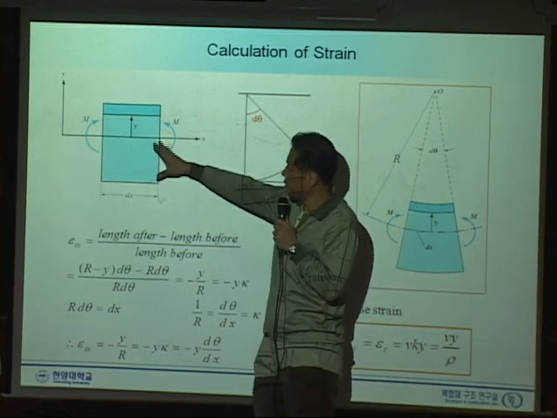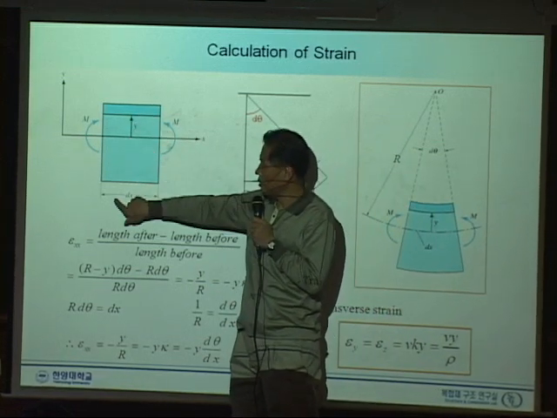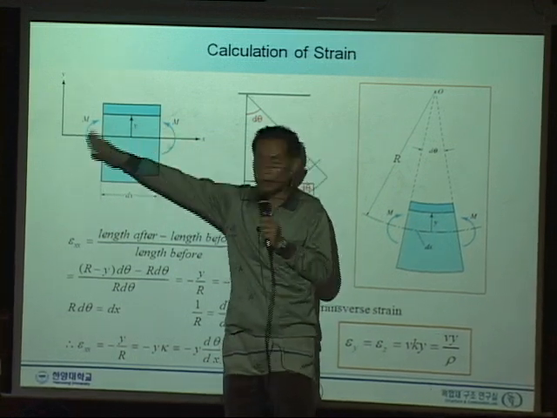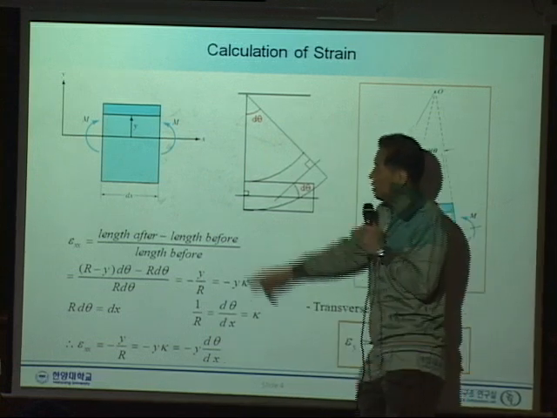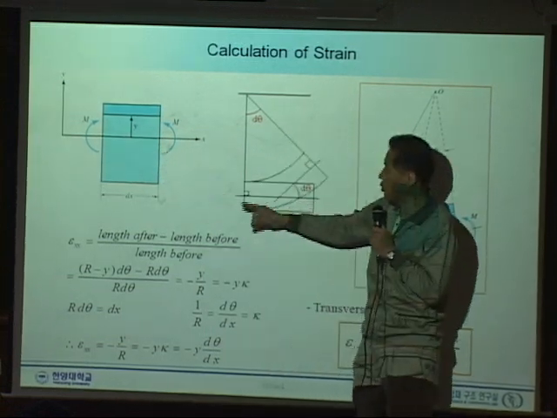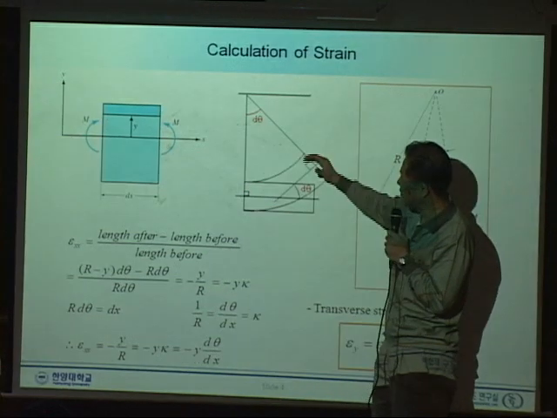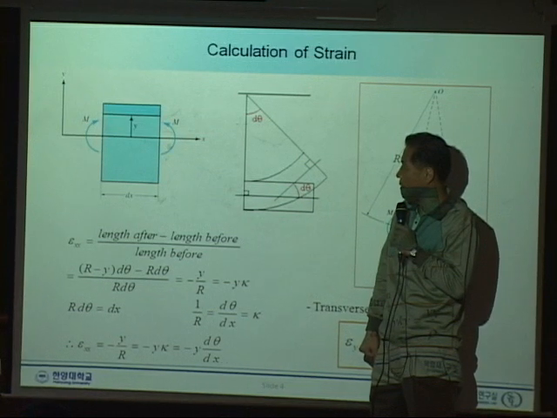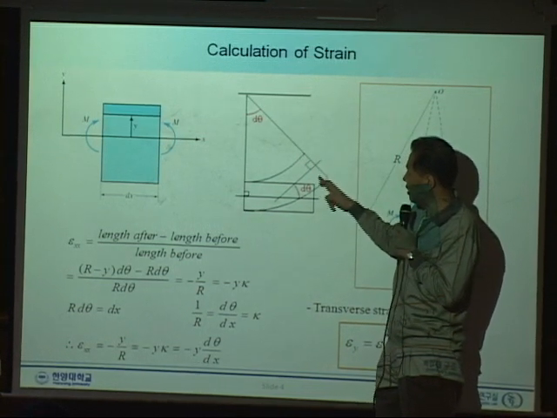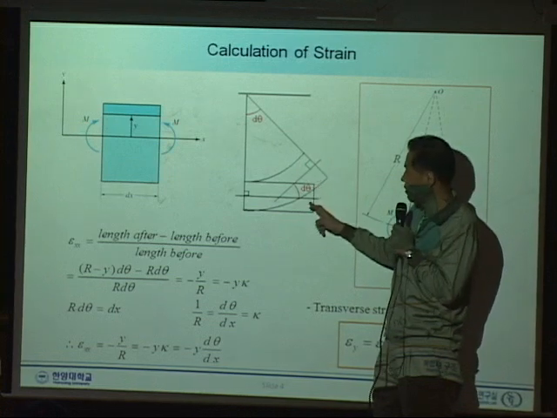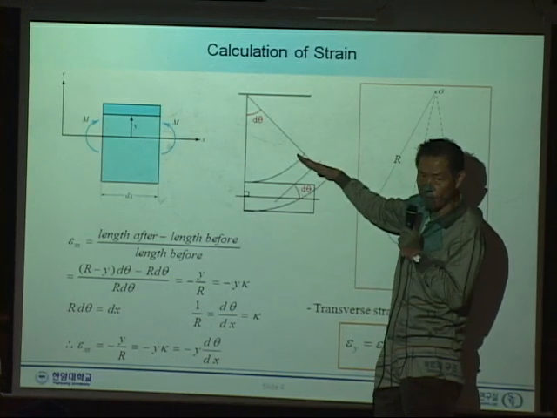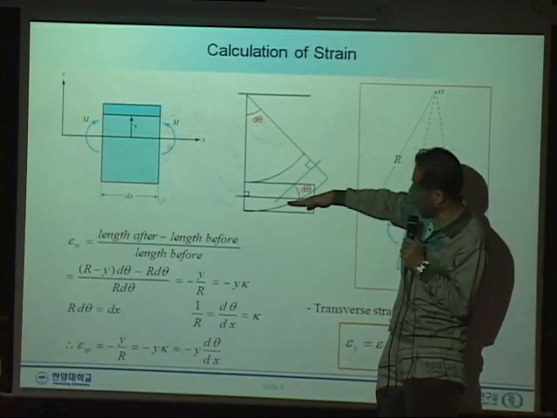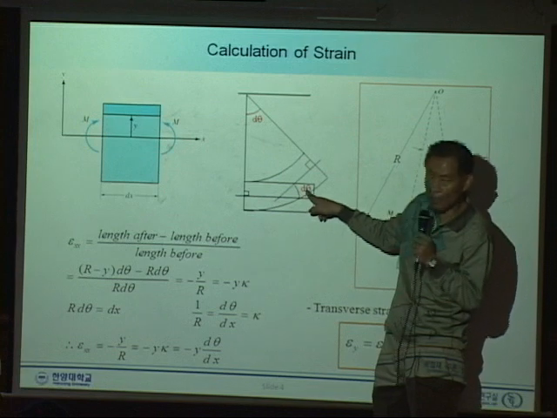Let's take a look here. This is a section subject to a bending moment at the left and right hand sides, and this part will experience deformations like that. This vertical line, before deformation, was a vertical line, and after deformation it rotates by d theta.